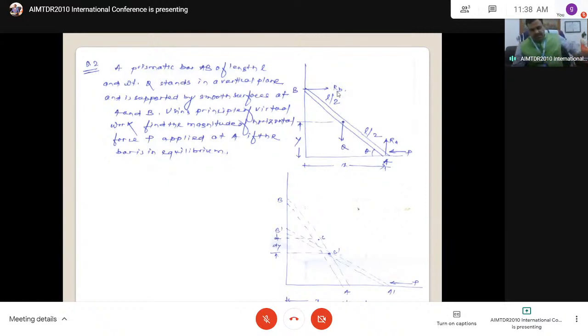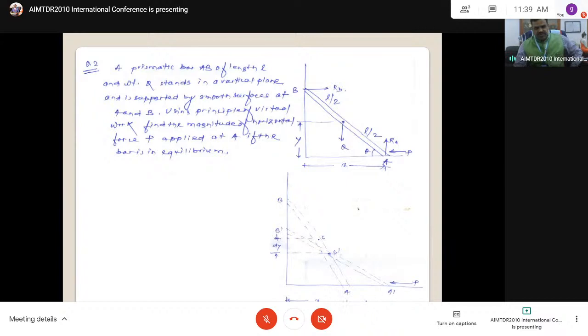Consider the problem. See, this is AB. This is the initial position, and this is the displaced or virtual position, however we are using the displacement. One is the initial position, the other is the displaced position. This is the generalized case I have considered. A moved to A dash, B moved to B dash.